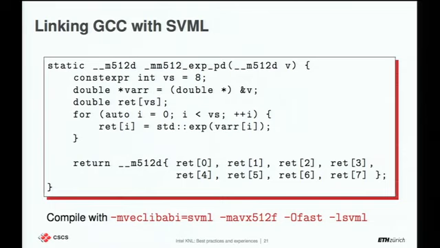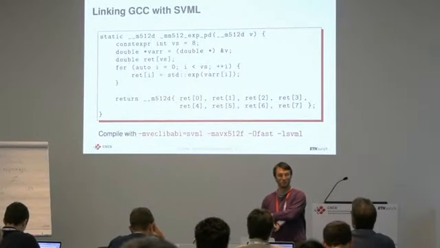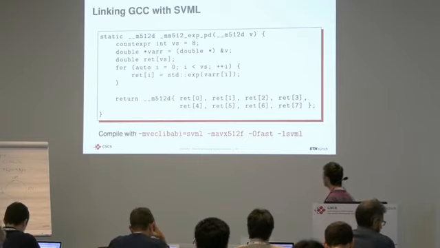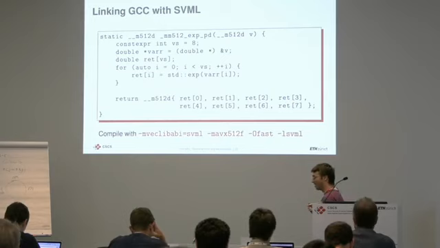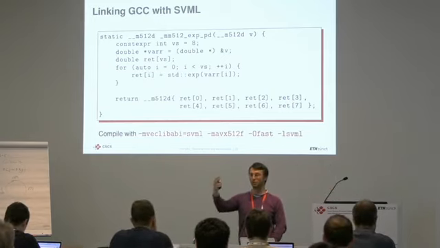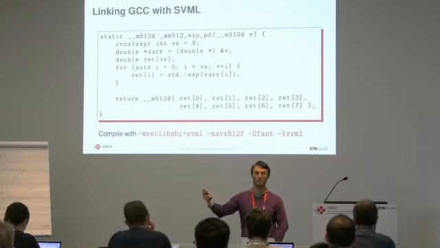So basically, you need ftree-loop-vectorize, which is enabled with O3, plus ffast-math, which is equivalent to Ofast. Usually, you can do this in parts of the code with pragmas, but it's not necessarily ideal. Not all people want to use Ofast to get this exponential vectorized. So with all these things, you still don't get an AVX 512 call. You get two AVX2 calls.